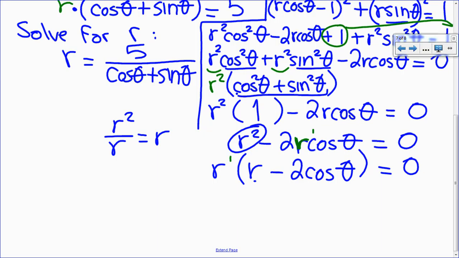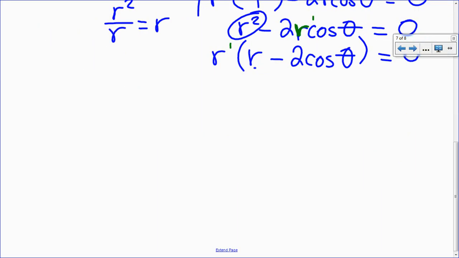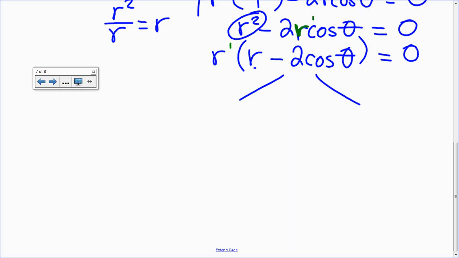Now from here, we use the zero factor property, and so that will break our equation into 2 factors: r equals 0, and r minus 2 cosine theta is equal to 0.